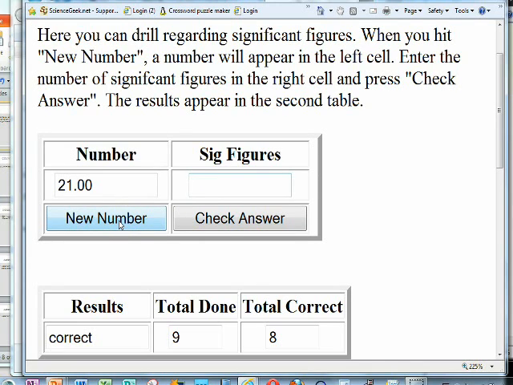So we have 21.00. Now it's to the right of a decimal and to right of two non-zeros. So that means there are 4 significant digits. So there's a reason why those zeros are there. It's not 21, it's 21.00.